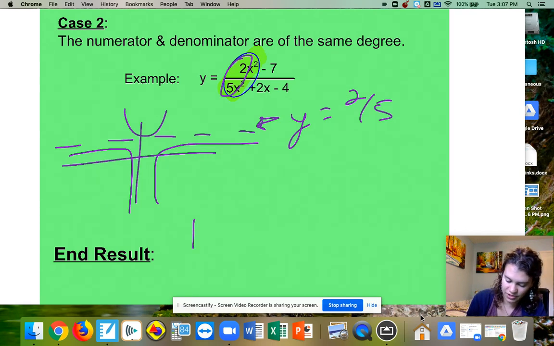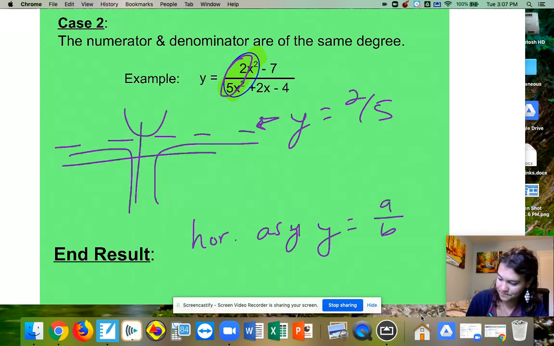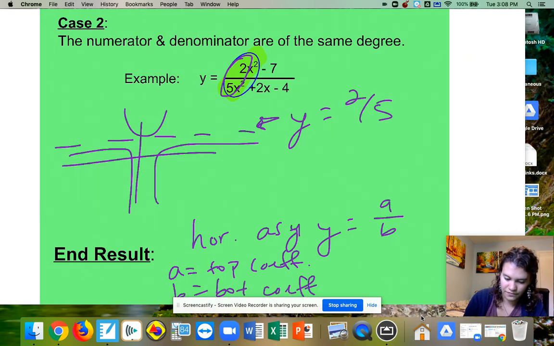So you have a horizontal asymptote at y equals a over b, where a is your top coefficient and b is the bottom coefficient. So this would be your a and this is your b.